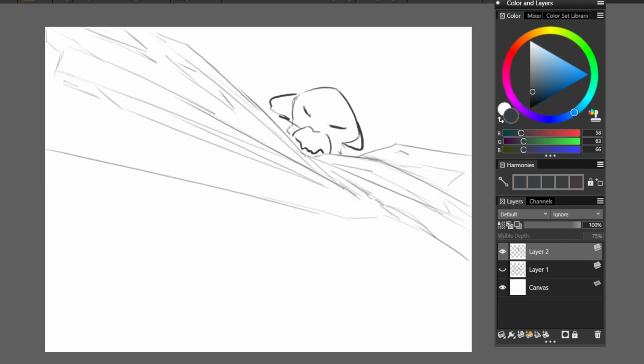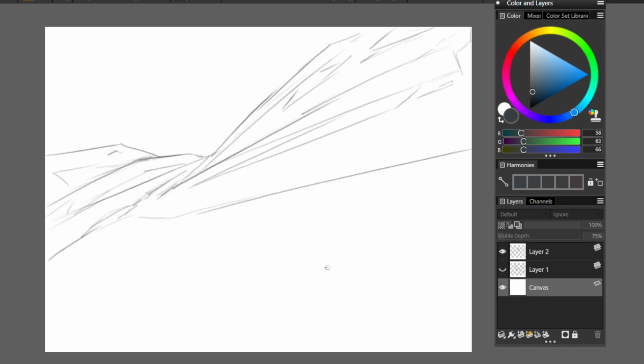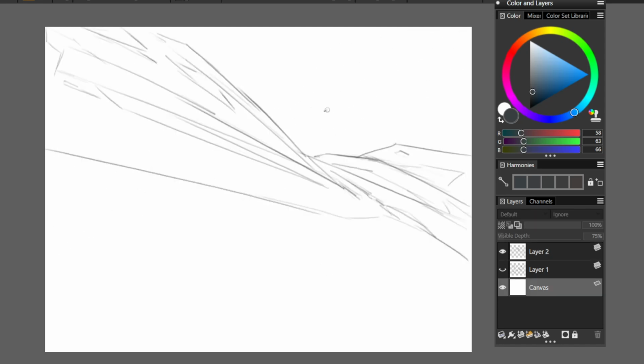What is this mess? Whoops. Maybe we could put a building of some kind. Just trying to think how the perspective would be on this. Eye level is about here-ish, I would say.